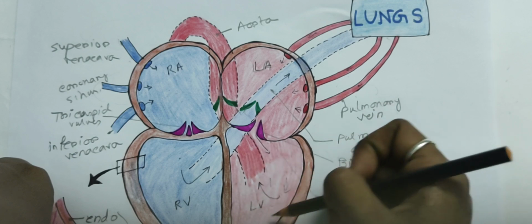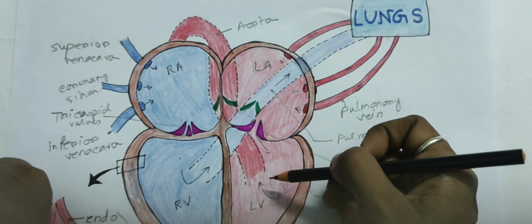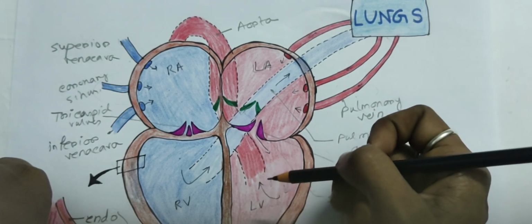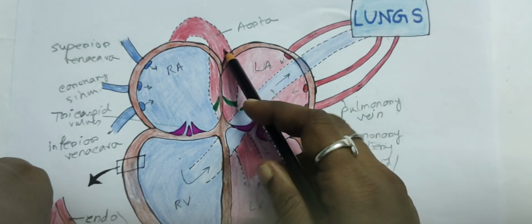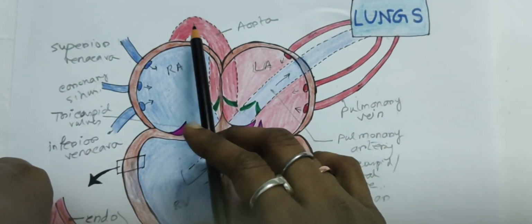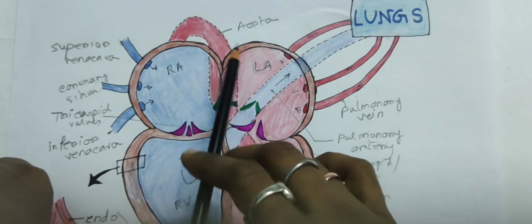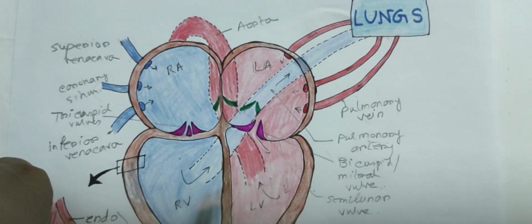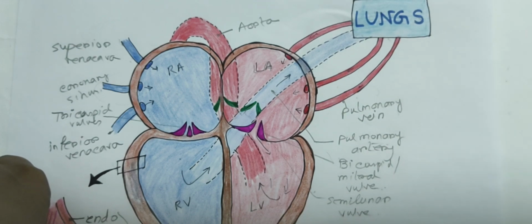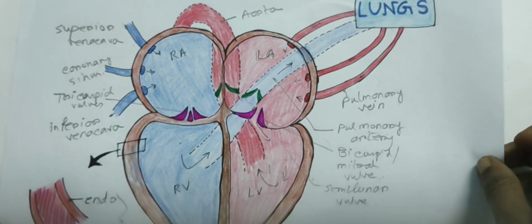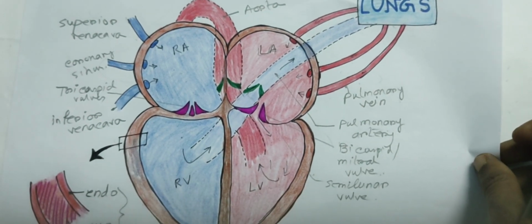Then, whenever the left ventricle is filled with the oxygenated blood, it transports that blood to the aorta, and the aorta transports the oxygenated blood to all organs, all parts of the body. So in that way our circulation is going on.